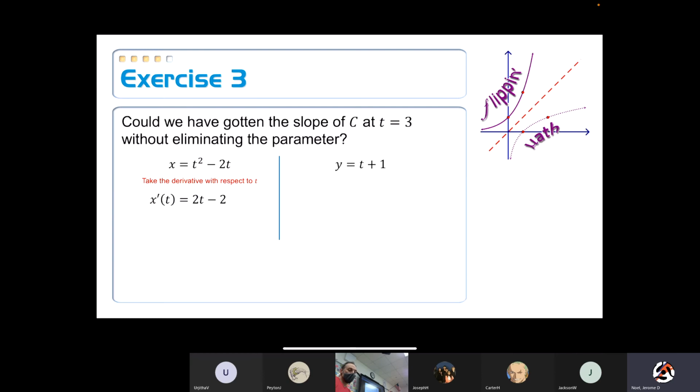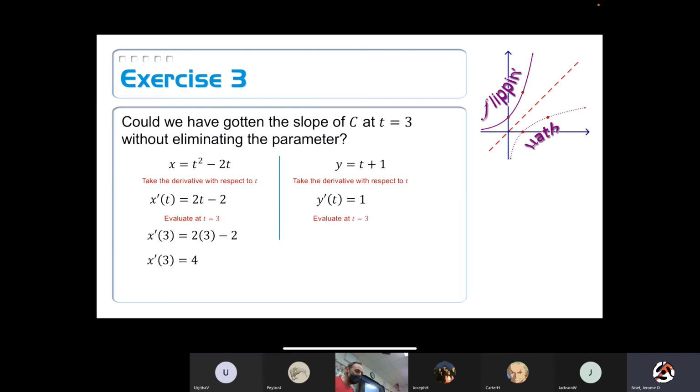All right, and then maybe you plug in, what was the point? It was 3. So if I plug in 3 in here, I would have 6 minus 2, I would have my 4. Okay, and then over here, let's do the same thing with the y. Its derivative with respect to t is just 1. Go ahead and stick a 3 in there.